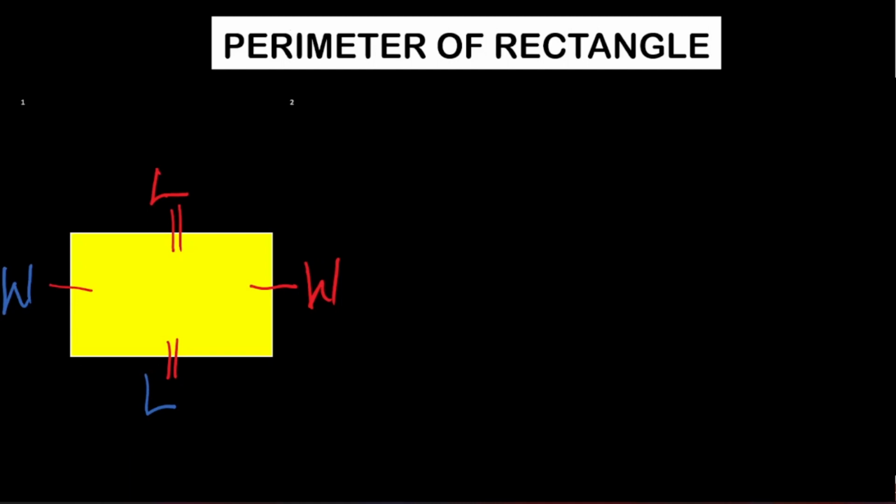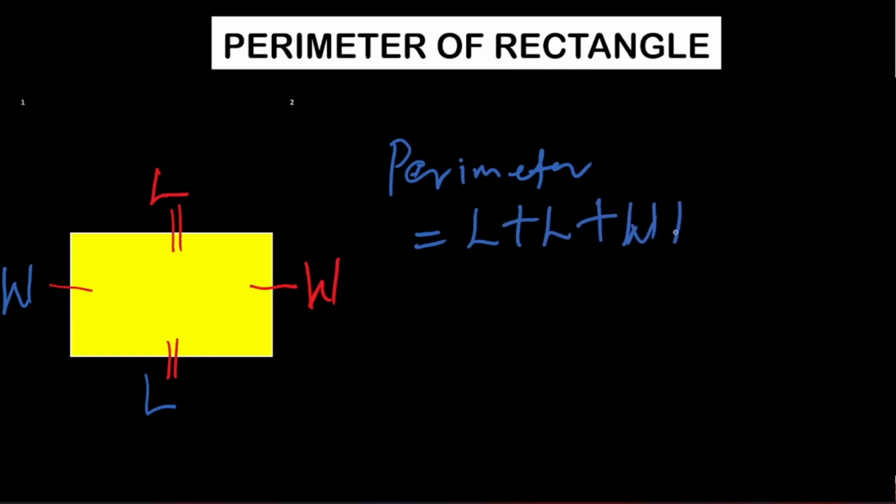So in that case, we can conclude that to find the perimeter of a rectangle, it will be length plus width plus length plus width. So that is 2 lengths plus 2 widths.